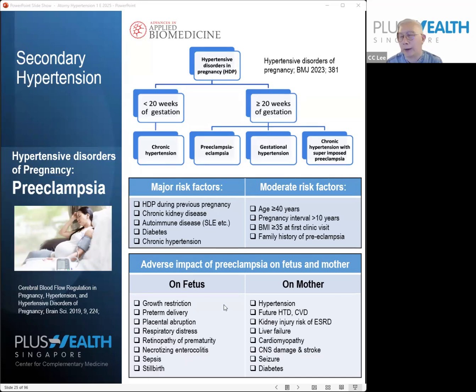So therefore, it is very important to avoid, control or manage hypertension during pregnancy. And of course, I think in the Singapore context, you will be well taken care of by your doctors, because if you suffer from it, the doctor will know how to manage it.